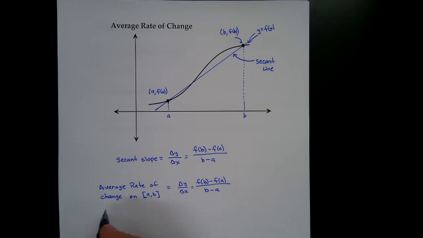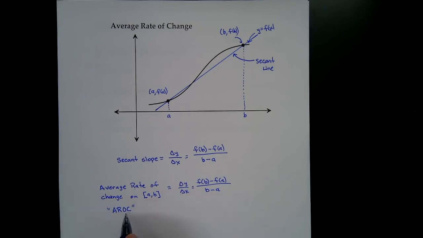They also call this AROC, for the first letters, so they sometimes call it AROC, average rate of change. So you did this in algebra and in math 1, math 2, math 3.